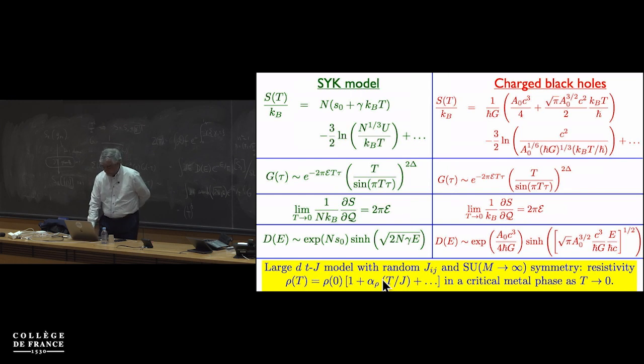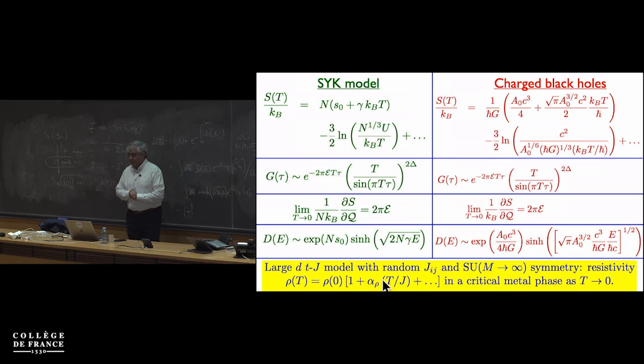All right, so that's really all I want to say about t-J models, SYK models, black holes. On the left-hand side, these are all models which are in the large dimension limit, either fully connected clusters or high-dimensional lattice with random couplings. I don't mind the random couplings. As you'll see, I'm going to argue next week that it may well be that random couplings are essential to get a strange metal behavior down to 0 temperature.